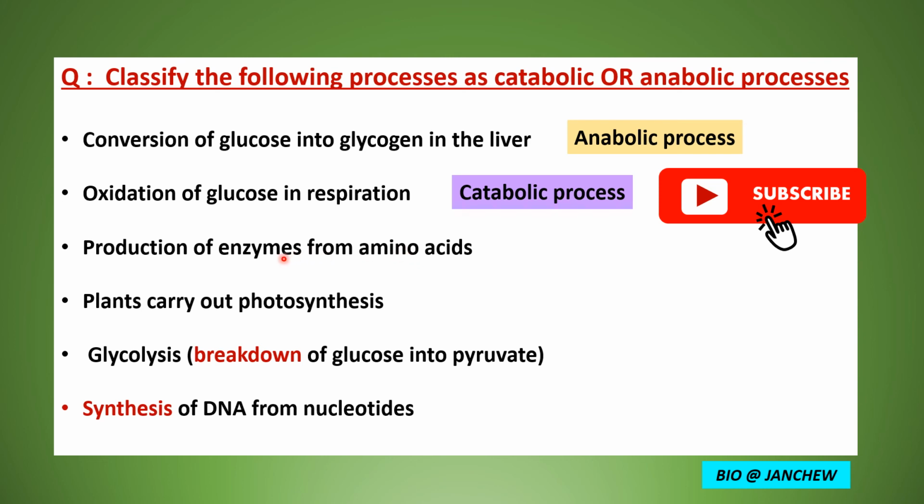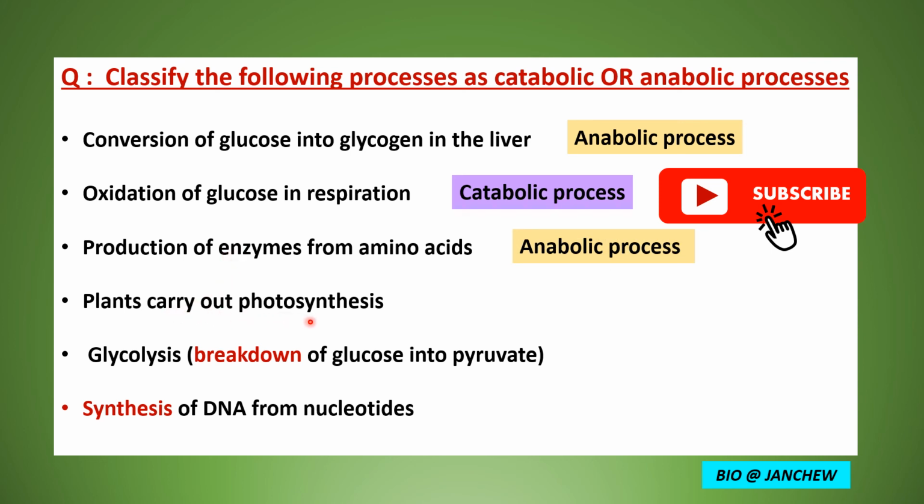Enzymes are more complex. So you use the simple substances and make the more complex substances, building up or synthesizing something. So the word production here will tell you already. Production usually is talking about synthesizing something. So it is an anabolic process. Ants build their nest, right?